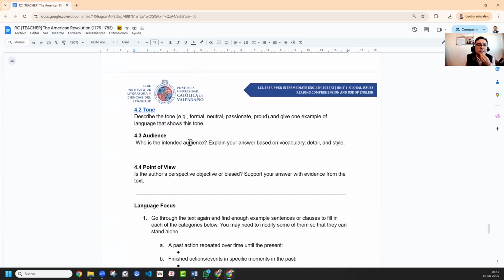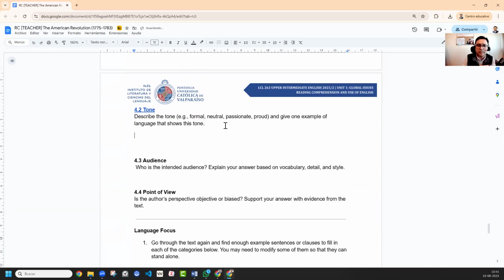All right. Describe the tone, e.g., formal, neutral, passionate, proud, and give one example of language that shows this tone. So we could say here that the tone is predominantly formal, yet subtly proud.